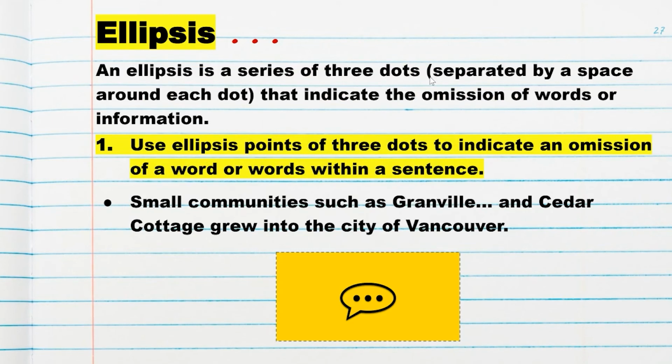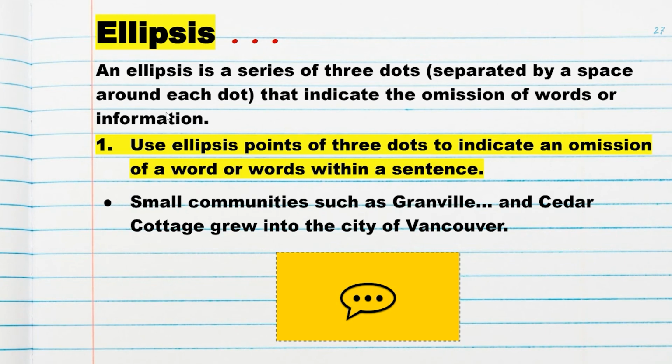It has 3 dots separated by spaces around each dot that indicates the omission of a word or information. Use ellipsis points of 3 dots to indicate the omission of words within a sentence.